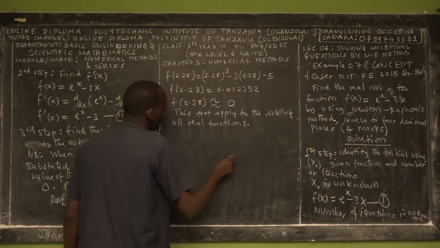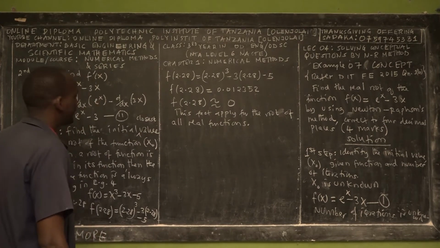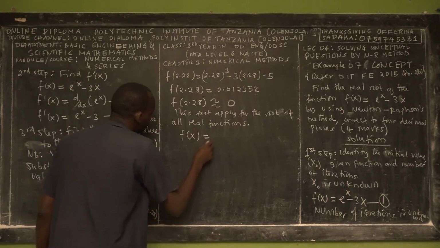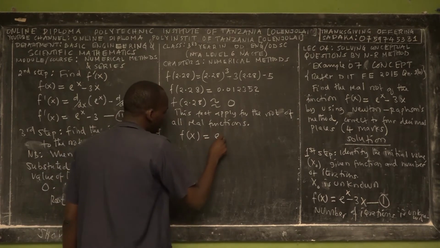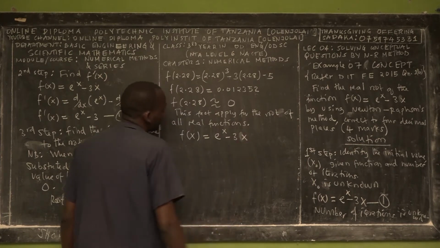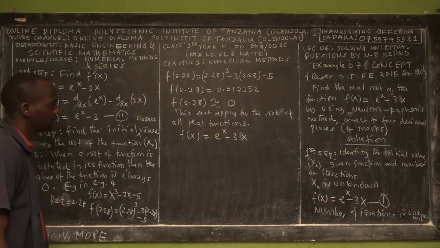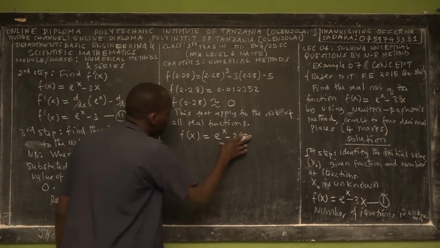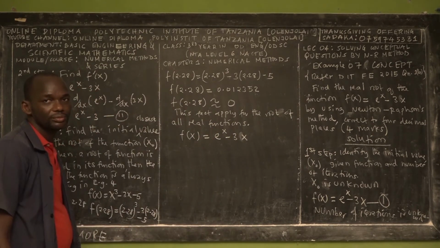So if that's the case, now we have our given function, which is f of x is equal to e power x minus 3x. So it means we have to guess. We have to try different methods to find the value of x which makes this equation equal to 0.